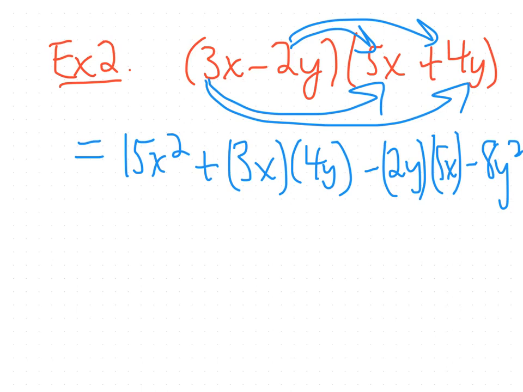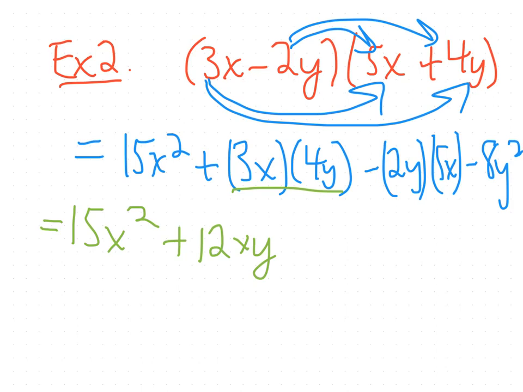Okay, and let's start simplifying further. So 15x squared, there are no like terms with x squared, plus we can multiply the 3 and the 4 to get 12, which leaves us with xy. And then we can multiply the negative 2 and the 5 to equal negative 10xy, and finishing off with negative 8y squared.